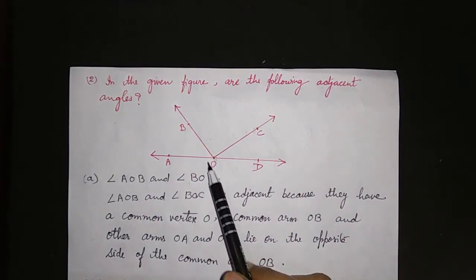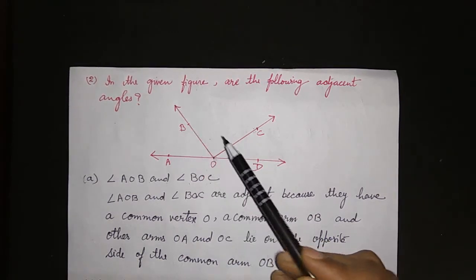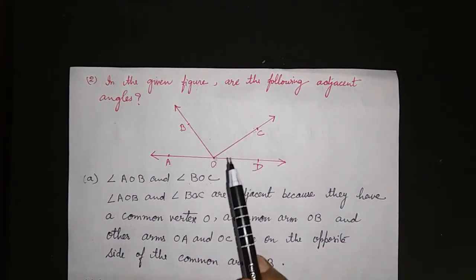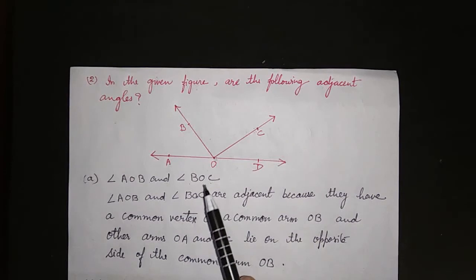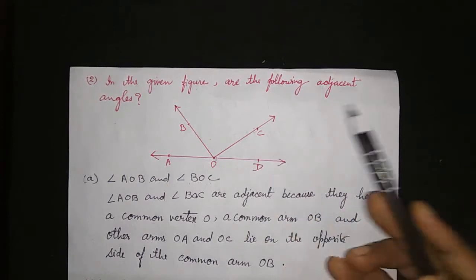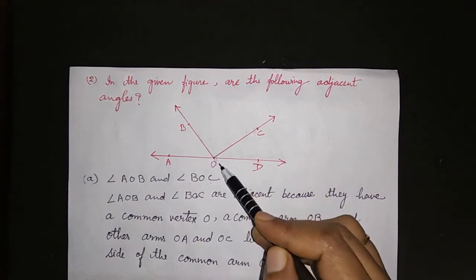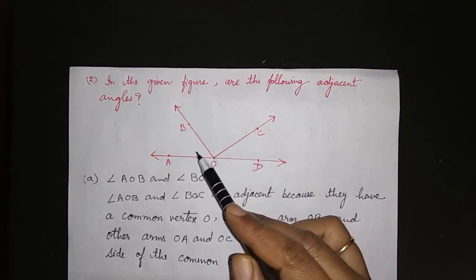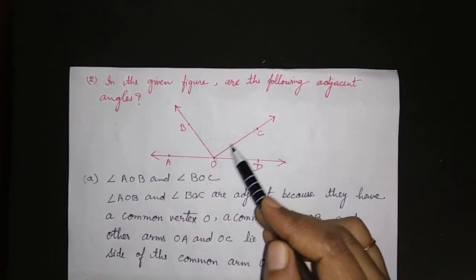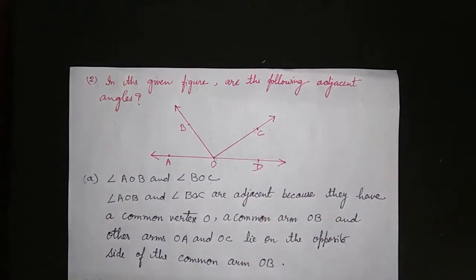So you can write that angle AOB and angle BOC are adjacent because they have a common vertex O, a common arm OB, and other arms OA and OC lie on the opposite sides of this common arm OB, or you can say non-common arms OA and OC are on either side of the common arm OB.